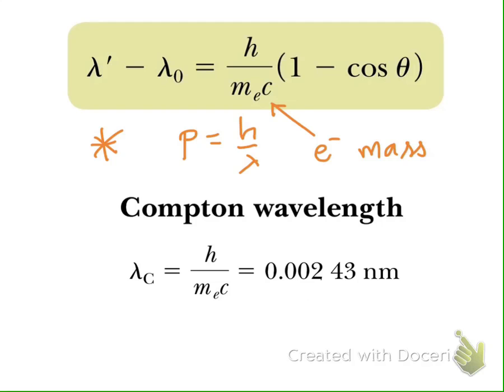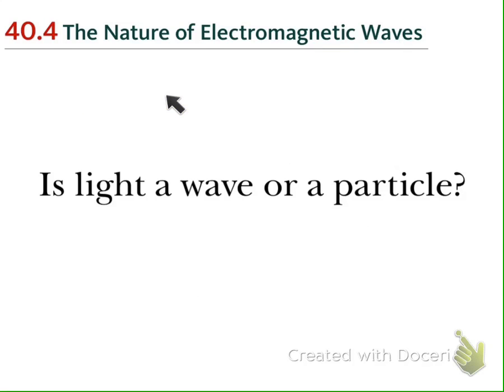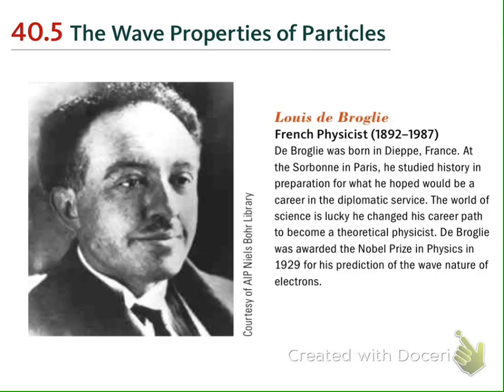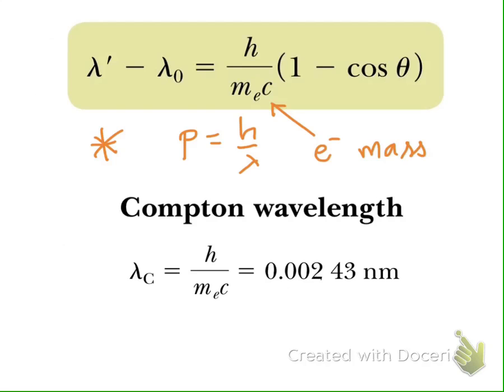If you look at this expression carefully, you can see that this term does not depend on the incident wavelength. It means that if you shine X-ray, microwave, or visible light, it will give the same amount of lambda prime minus lambda zero, right?